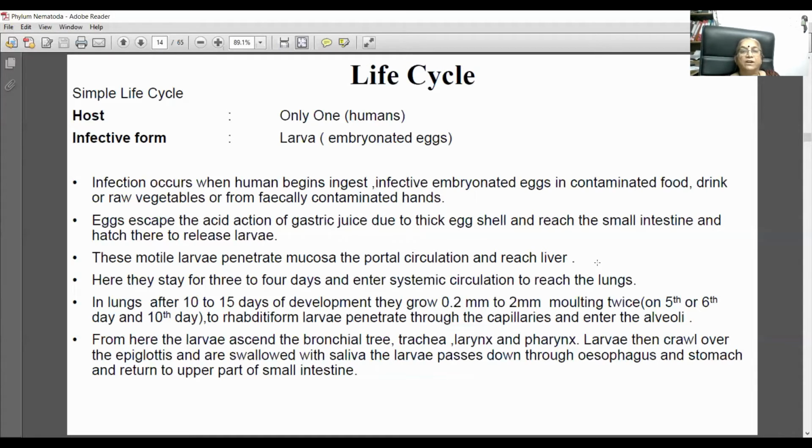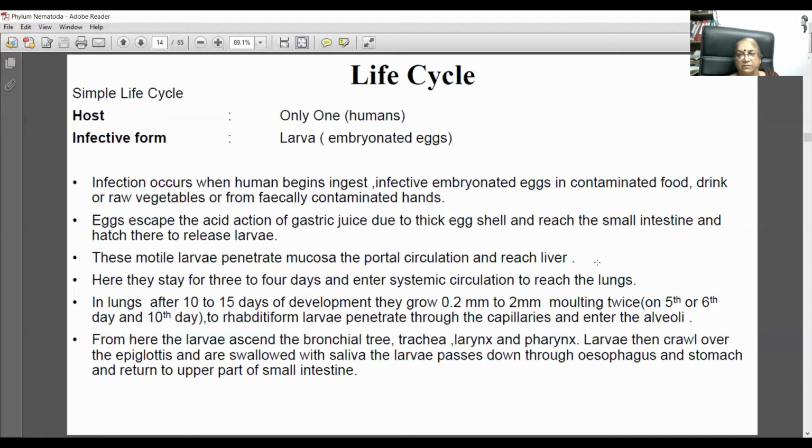Once the person is infected with this embryonated egg through contaminated food or drink, the eggs are swallowed. They reach the stomach where the gastric juice is secreted, but the eggshell is not broken there, because there is no action of gastric juice over the eggshell of this Ascaris.